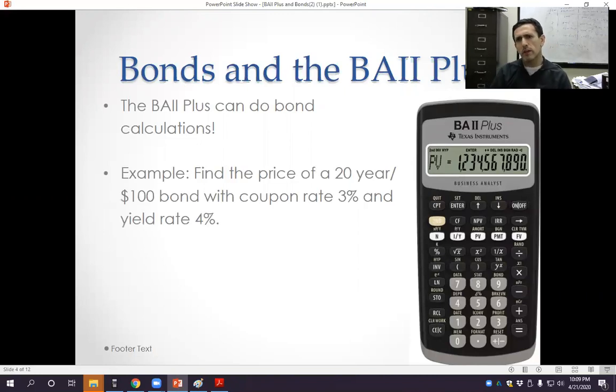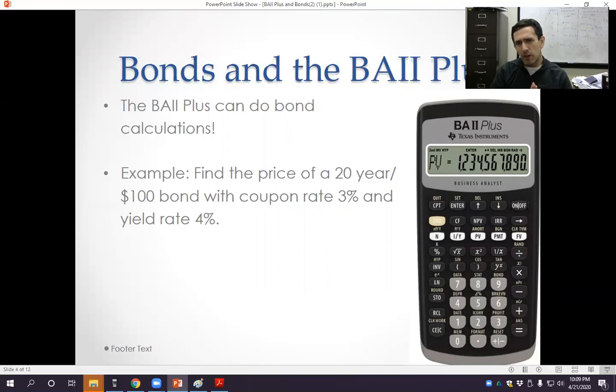So I have a 20-year $100 bond, coupon rate 3% and 4% yield rate. Find the price. So remember, unless otherwise stated, 1, coupons are semi-annual. 2, all rates are nominal semi-annual. And 3, the redemption at maturity is the face value.